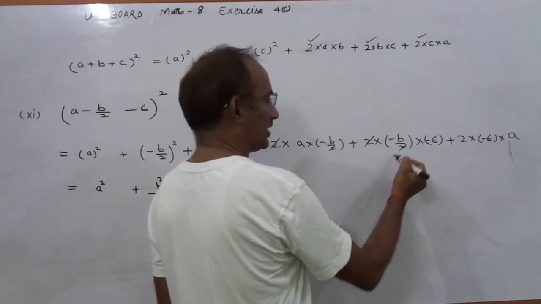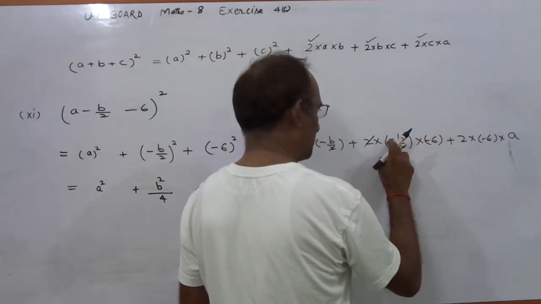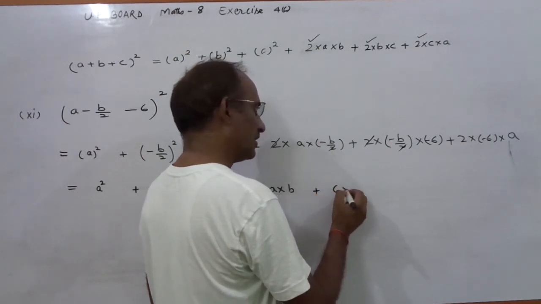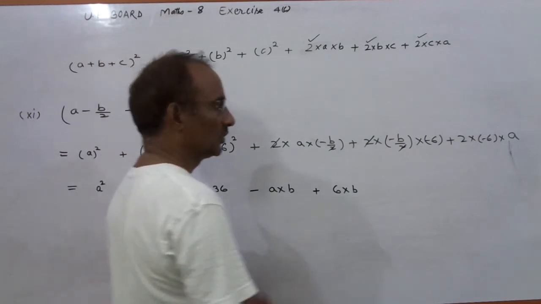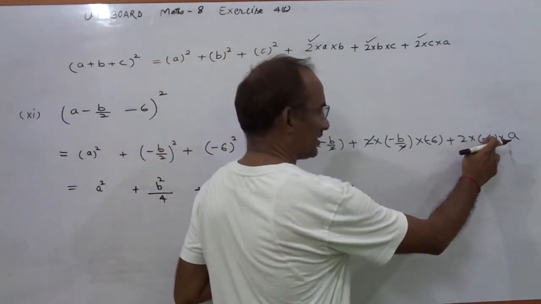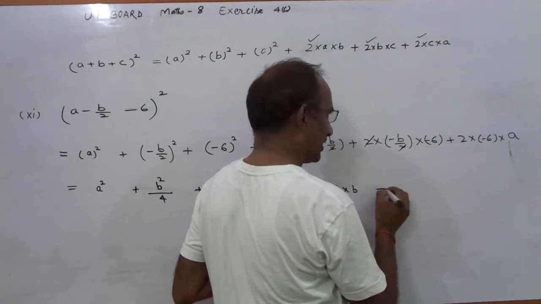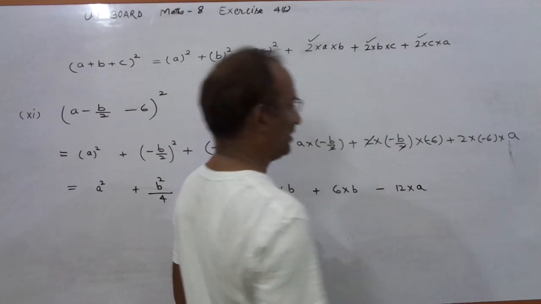This 2 is cancelled with this 2 and this minus 6 multiplied with minus, then we get here plus 6 into b. Minus is multiplied with this plus sign, we get here minus into 6 are 12 multiplied with a.